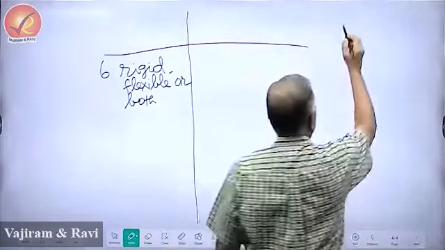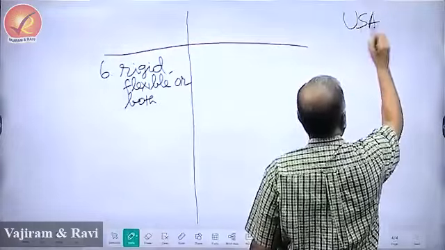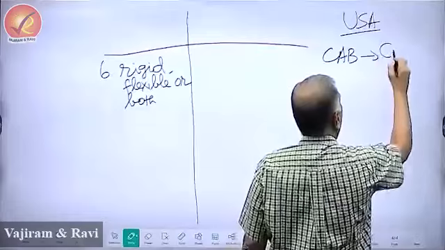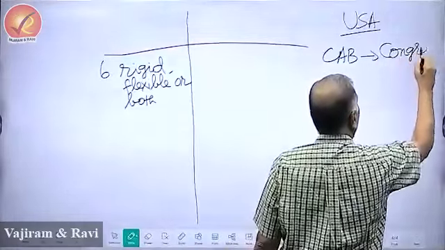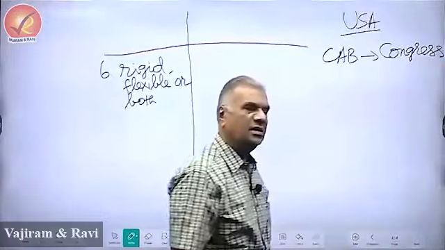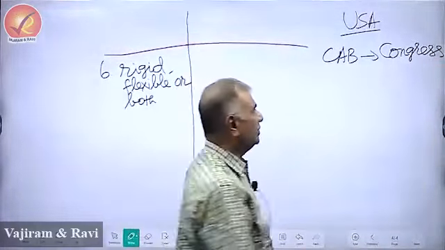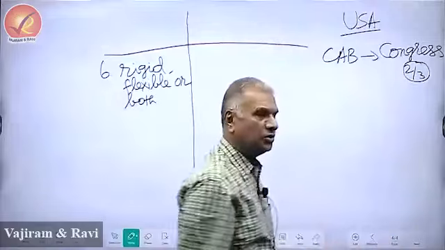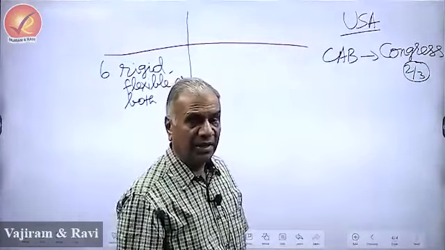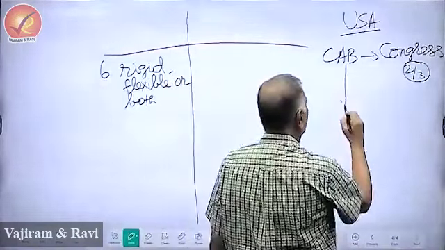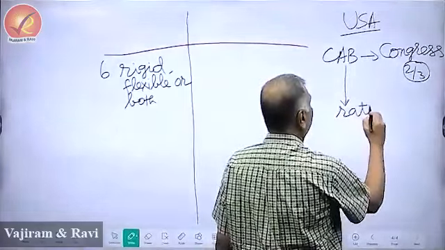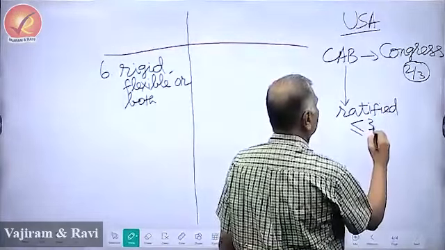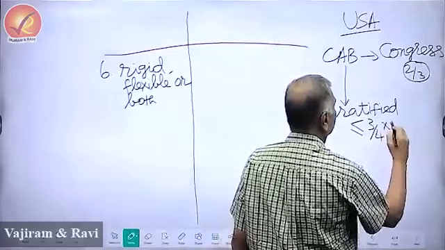For example, in USA, a constitutional amendment bill is passed by the Congress, which is the Parliament of the USA. Of course, with a 2/3 majority. Thereafter, the constitutional amendment bill shall have to be ratified by not less than 3/4 of the state legislatures.